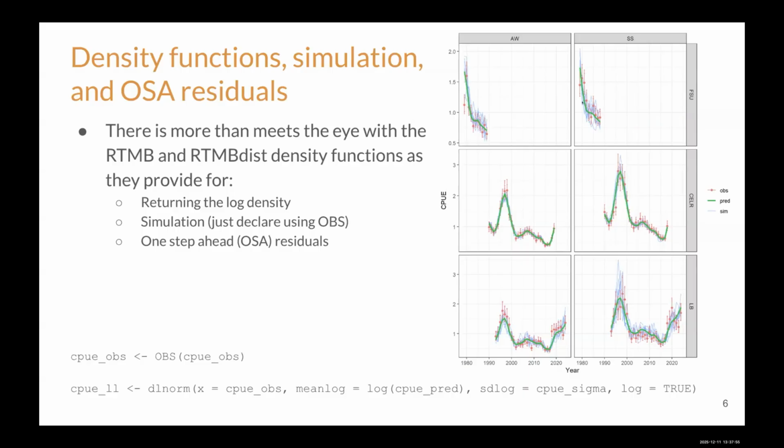And then I think I just drew 10 different random draws, simulated data sets using this feature within RTMB. It might not sound like much, but that's pretty useful in terms of the stock assessment workflow. It's really enabled us to pick up problems with stuff like data set weighting quite rapidly.